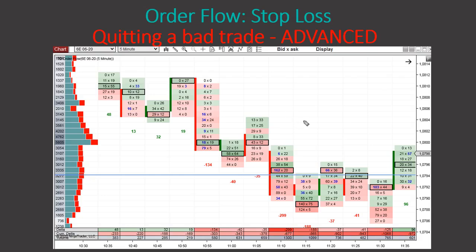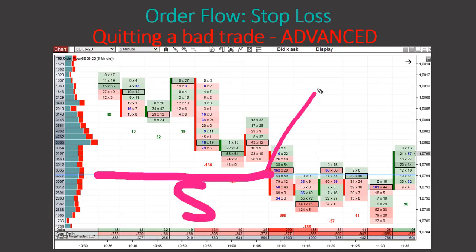Alright, last example. Imagine that this is your support. You went long from there. Price went towards your support pretty aggressively actually. There are selling imbalances, negative deltas. As the price shoots past your level, there are also selling imbalances. This doesn't look good at all.